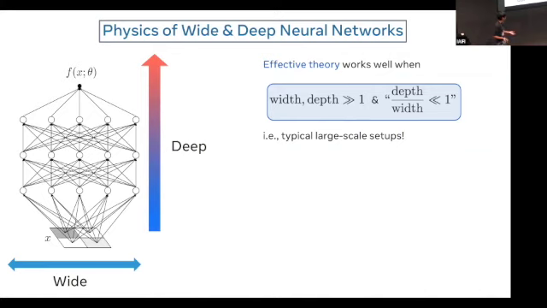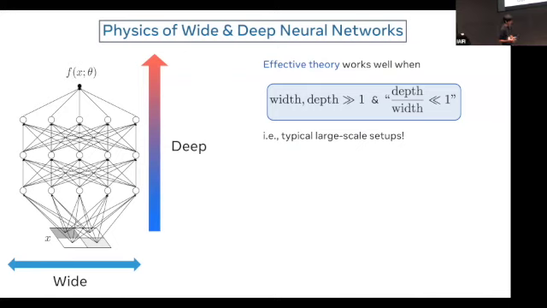The message is that when the width and depth are large enough, and when this aspect ratio or some generalization thereof is small enough, then you can have this effective description, whether in the limit being Gaussian or you have non-Gaussian processes and such. Unfortunately for us, this is actually the typical large-scale setup.